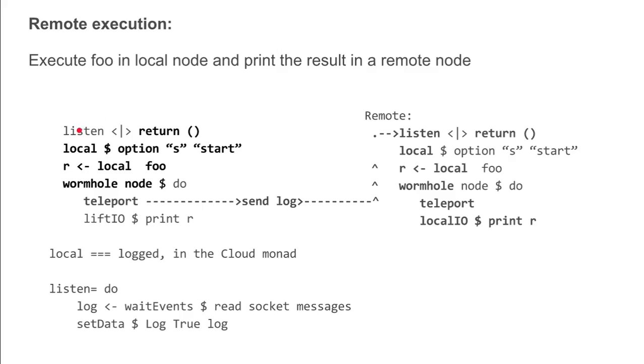We have listen, which listens for messages from a socket, and this is an alternative computation that returns immediately. So the continuation is executed in both nodes, locally and in the remote node that are running. Both wait for option X to be entered by the user.